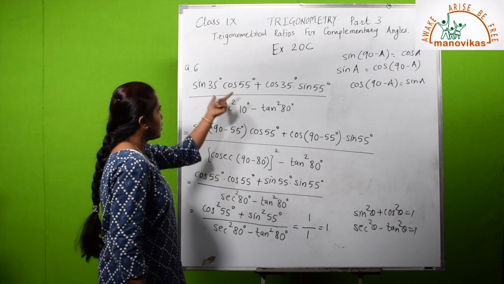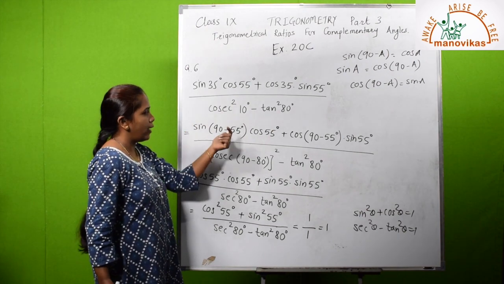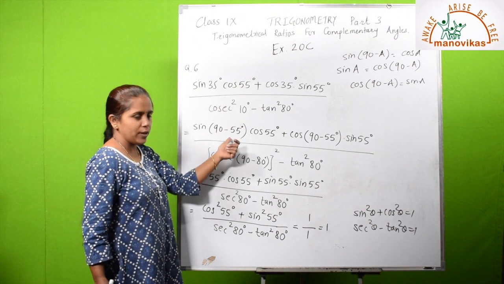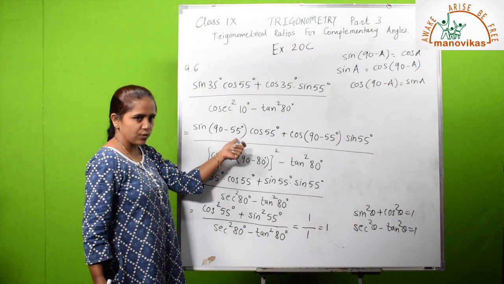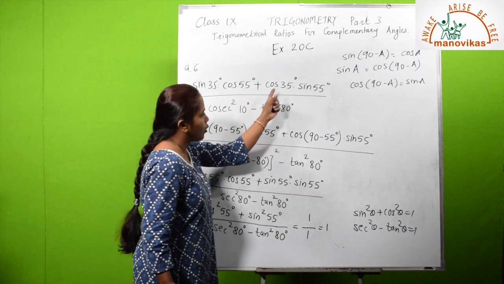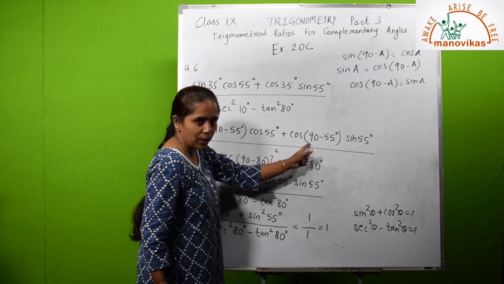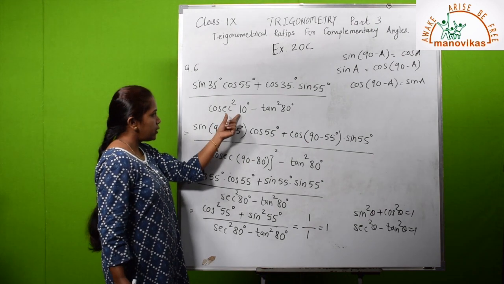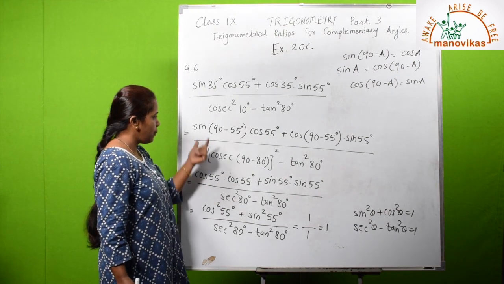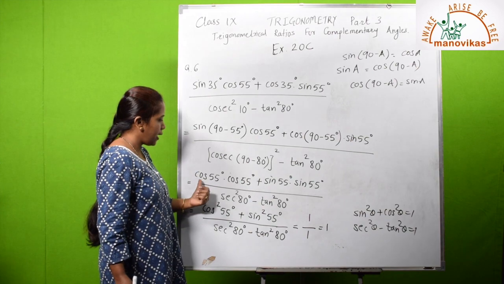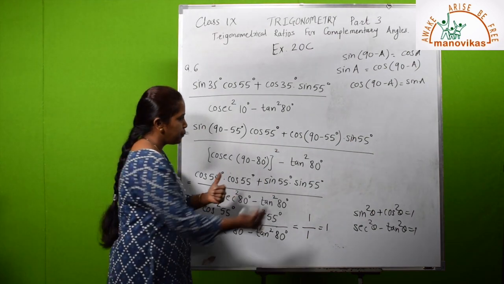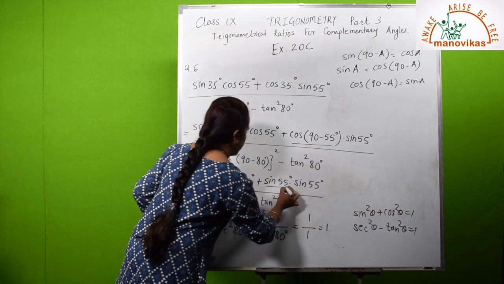Understood? So in the first step I have changed the angle using the complementary angle, that is 35, complementary angle is 55, 90 minus 55. So 35 changed to 90 minus 55. Here cos 35, again cos 90 minus 55. 10, that is 90 minus 80. So next step, sin 90 minus A as cos A, cos 90 minus A as sin A. These are the changes.